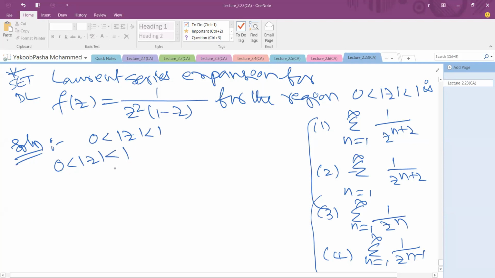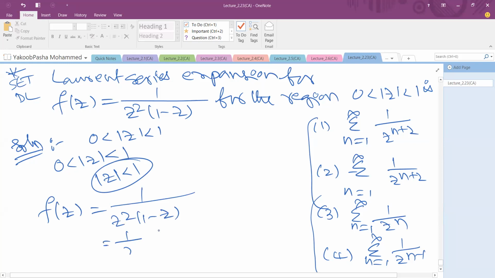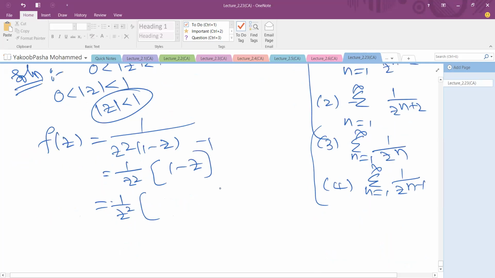In this region, modulus of z less than 1. So we can write the function f of z equal to 1 by z square into 1 minus z as 1 by z square into 1 minus z whole to the power of minus 1. Let's expand this. So this is equal to 1 by z square, and when mod z is less than 1, this is the expansion, 1 plus z plus z square.